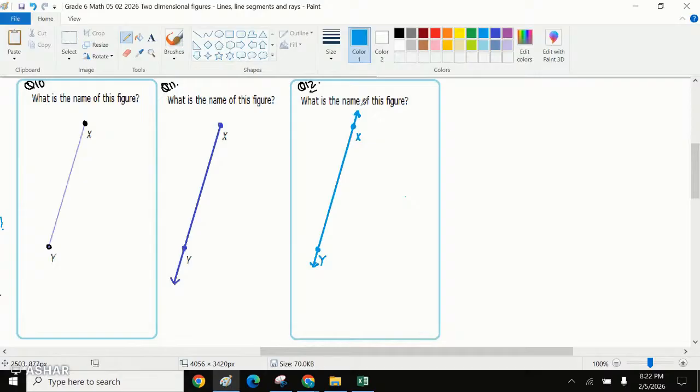How can you say that? Yes, your answers are perfectly correct, but now I want the reason from you. Prinsley and Ashik, why do we say this is a line segment? If you need to explain to someone, your answer is correct: XY is a line segment in question number 10.